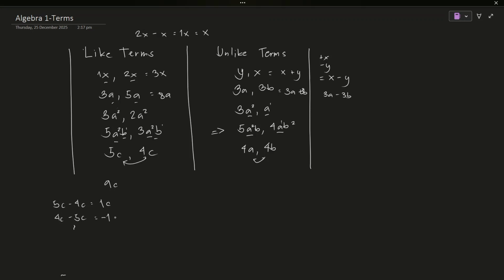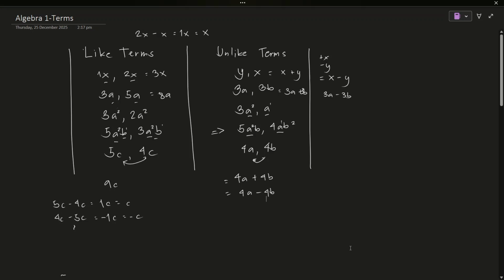So it becomes negative 1c, or this one becomes c, this one becomes negative c. Okay? For here, we have 4a and 4b. Since they are unlike terms, if we add them, it will just become 4a plus 4b. And if we subtract them, it becomes 4a minus 4b.